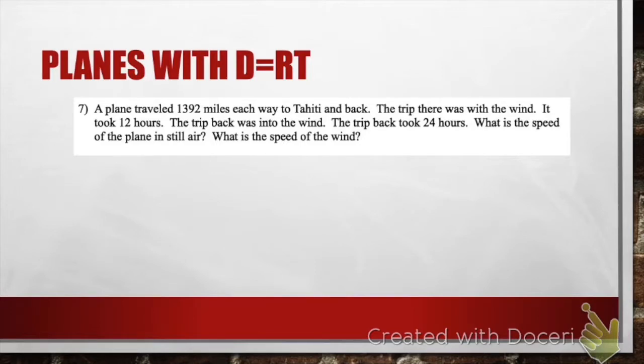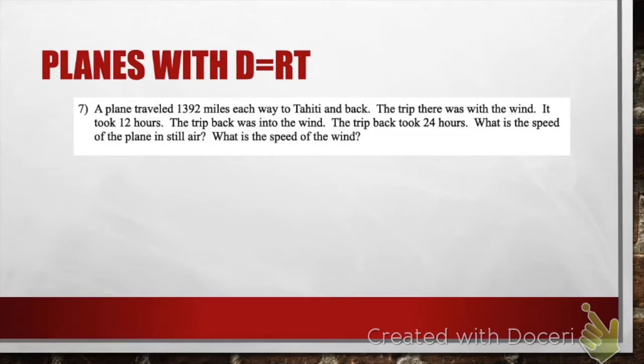The trip there was with the wind. That's a key note, so you know which one adds this time. It took 12 hours. The trip back was into the wind, so we'll subtract on that one, because it's going to go against the wind. The trip back took 24 hours.